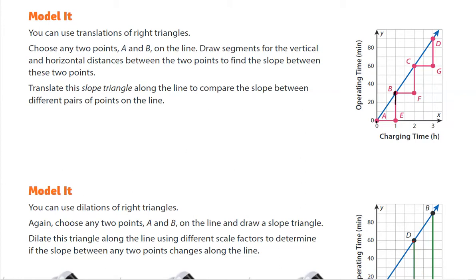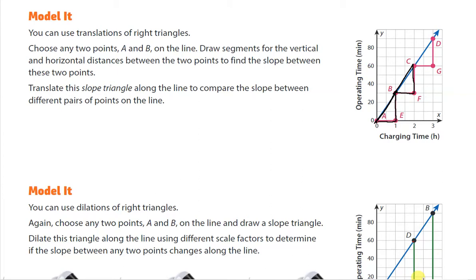And draw in the segments that make them a right triangle, and then translate it up along the line, and you can compare them and that'll give you the slope. So we translated it what?